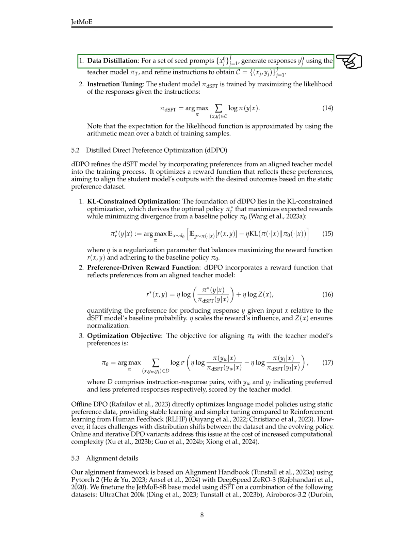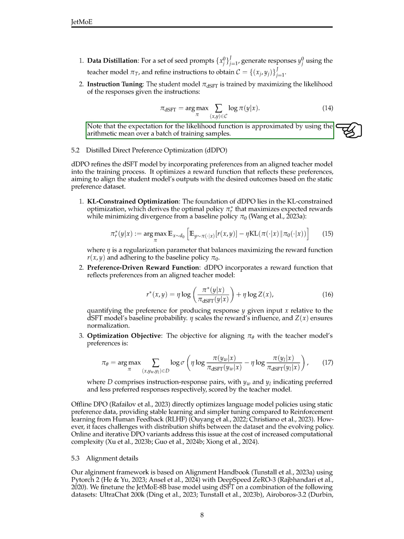Data distillation. We generate responses for a set of seed prompts using the teacher model and refine the instructions based on this data. 2. Instruction tuning. The student model is trained by maximizing the likelihood of the responses given the instructions. We approximate the likelihood function by taking the arithmetic mean over a batch of training samples.